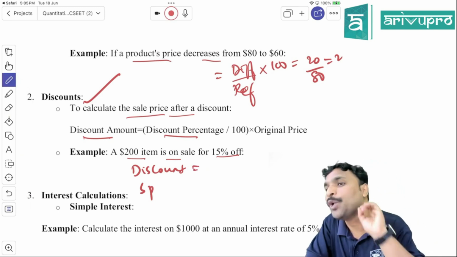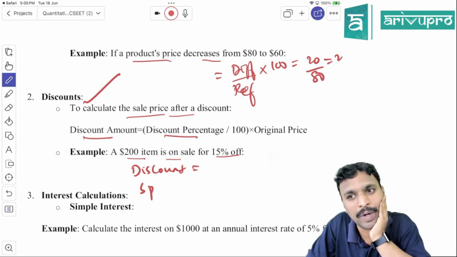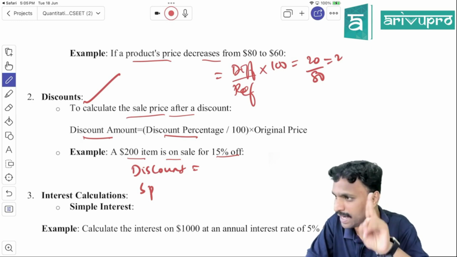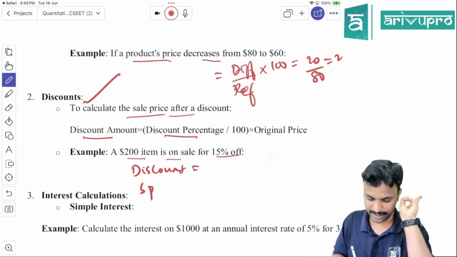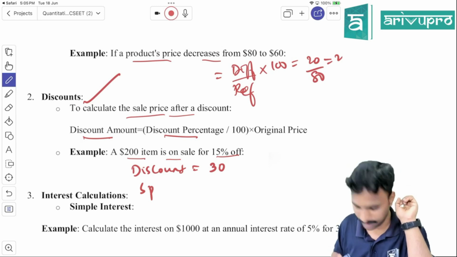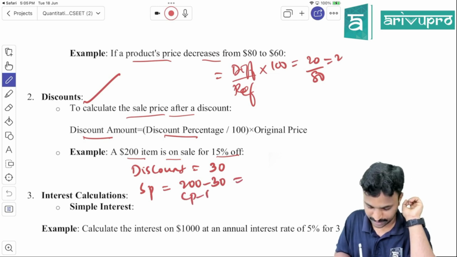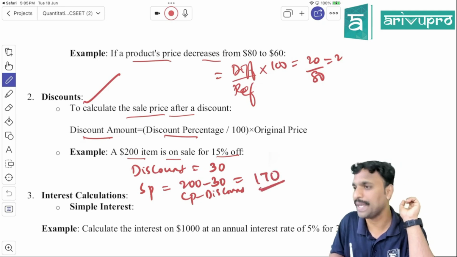Now 15% discount on 200. What is 15% of 200? 10% of 200 is 20, 5% is half of that, 10, so 15% is 30. So discount is 30 rupees. What is the sale price? 200 minus 30. CP minus discount is the sale price, which is 170 rupees.